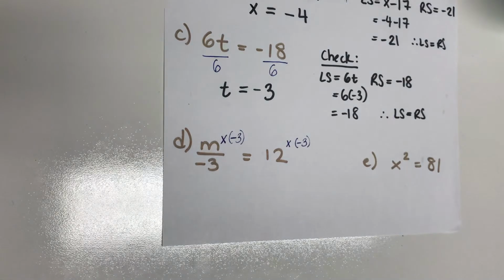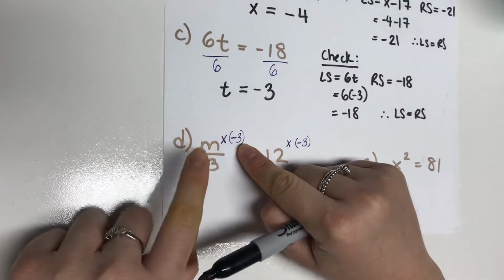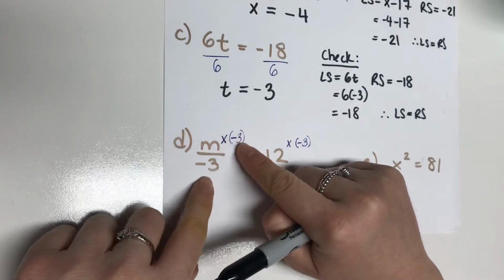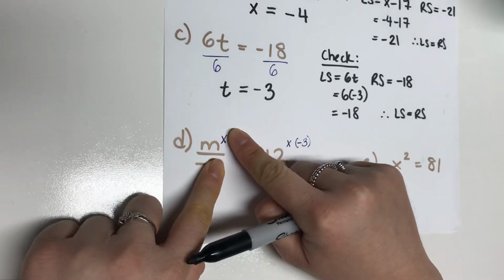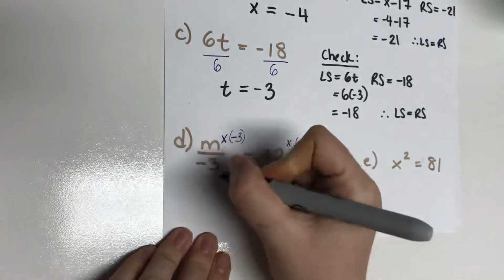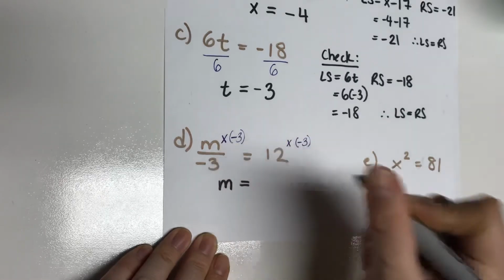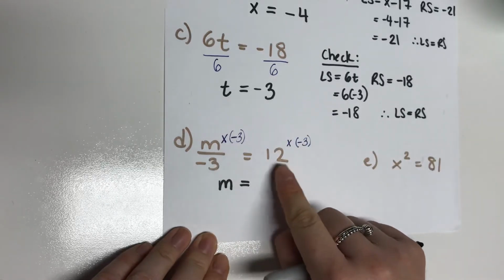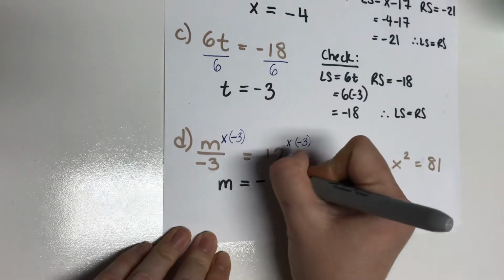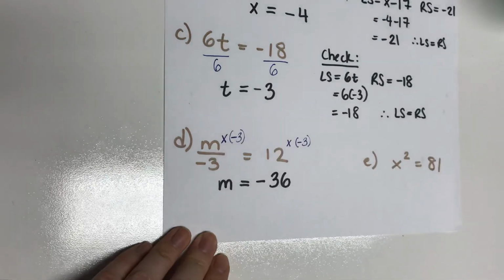The reason I do that is that now I have negative 3 divided by negative 3. These two are going to cancel out. So all I'm left with is m on this side. And then on this side I can multiply, so 12 times negative 3 is negative 36. And I won't do a check for this one just because of space.